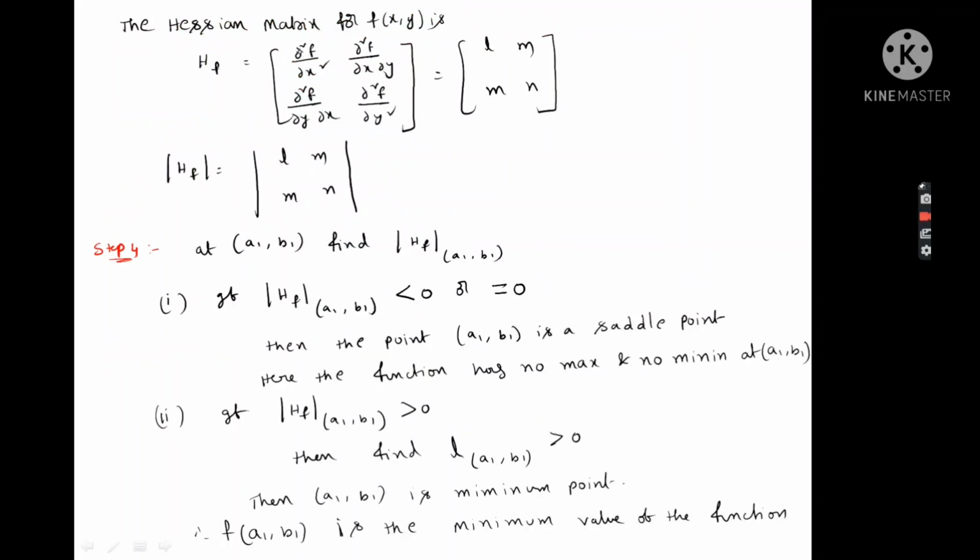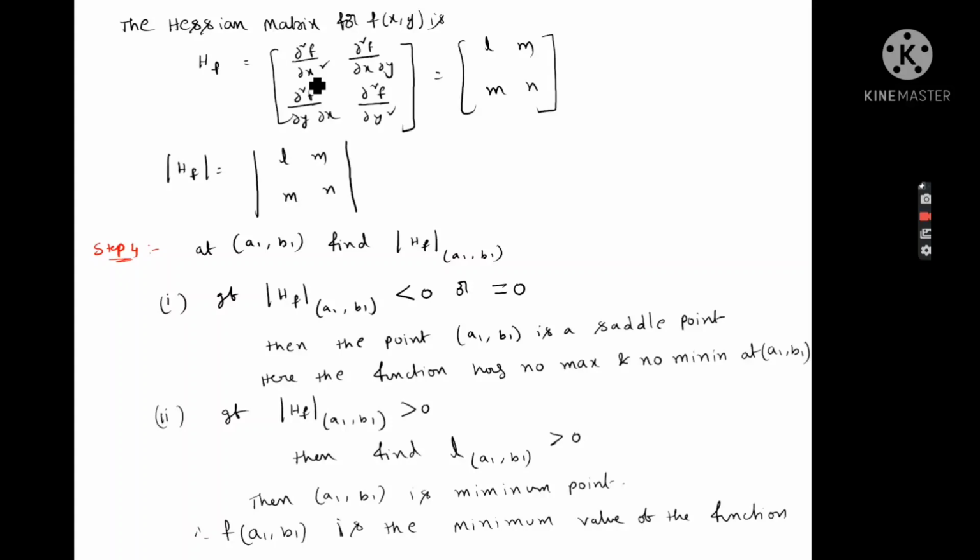Now the Hessian matrix for two variables is this matrix.